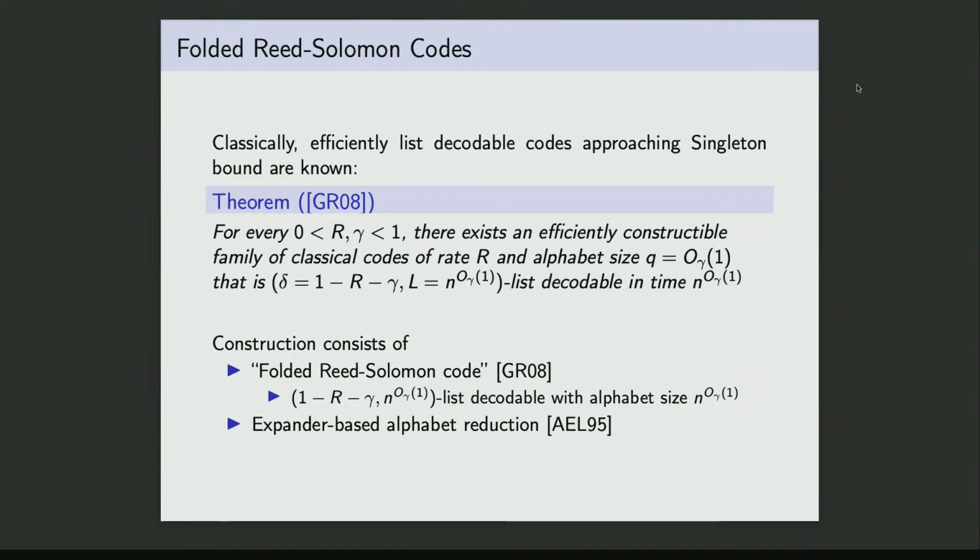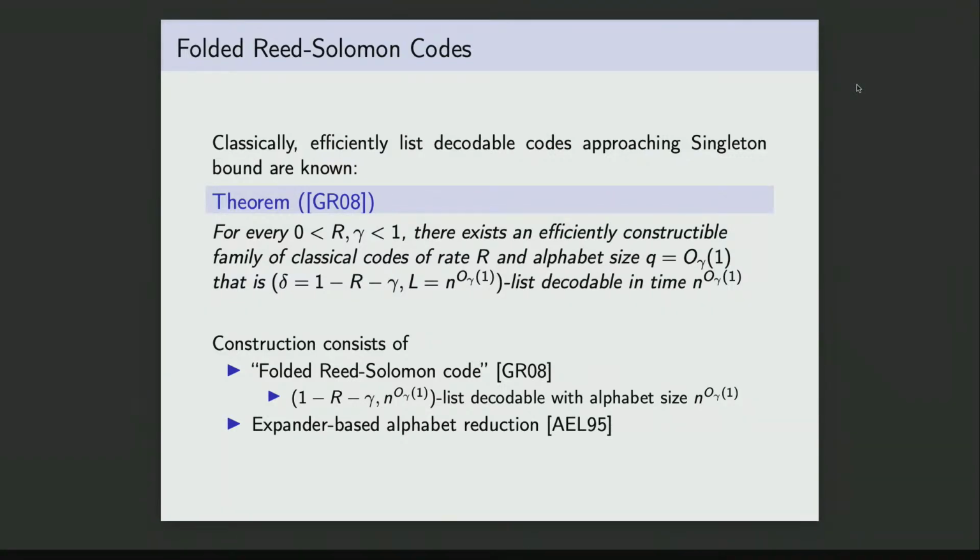Now, classically, as I mentioned, this is solved by taking folded Reed-Solomon codes. This theorem of Guruswami and Rudra basically says that there are efficient classical codes of any possible rate R that correct against 1 minus R minus gamma fraction errors, so almost at the classical Singleton bound, with polynomial list size and a polynomial time decoding algorithm, with a constant size alphabet.